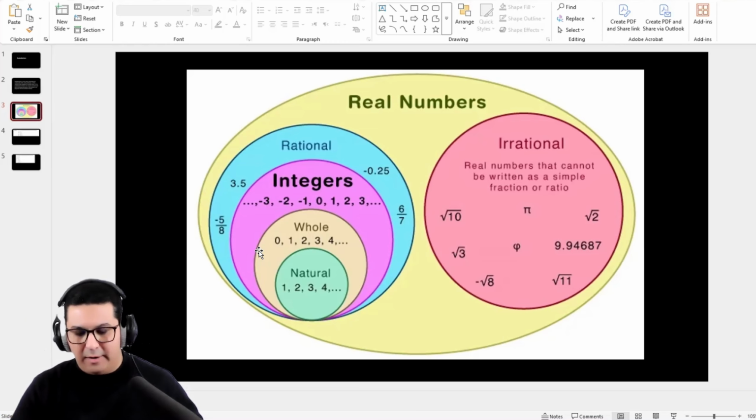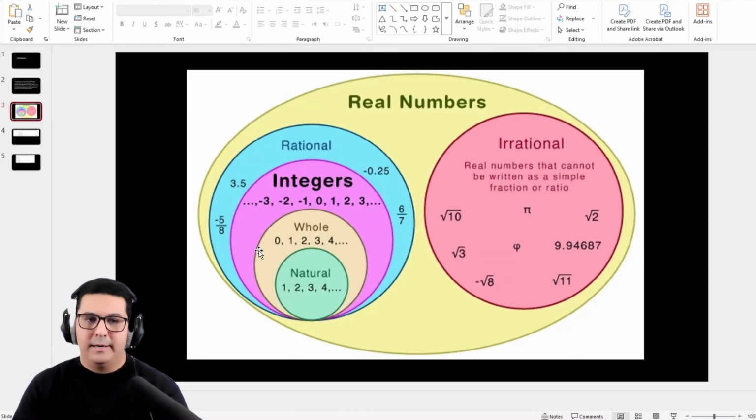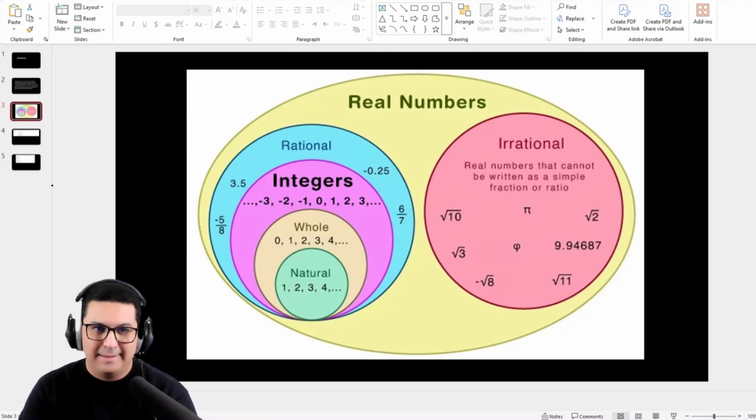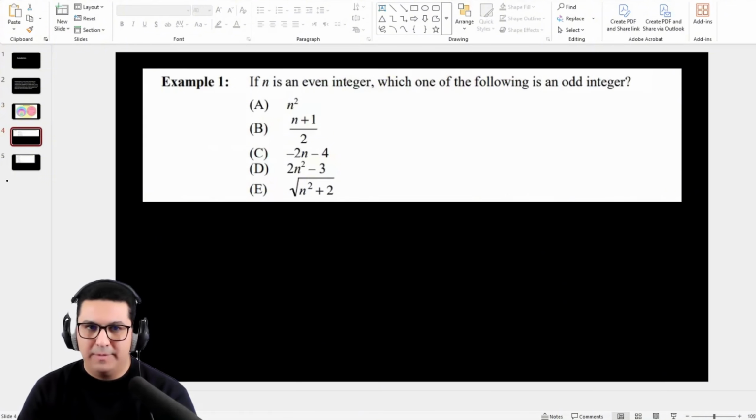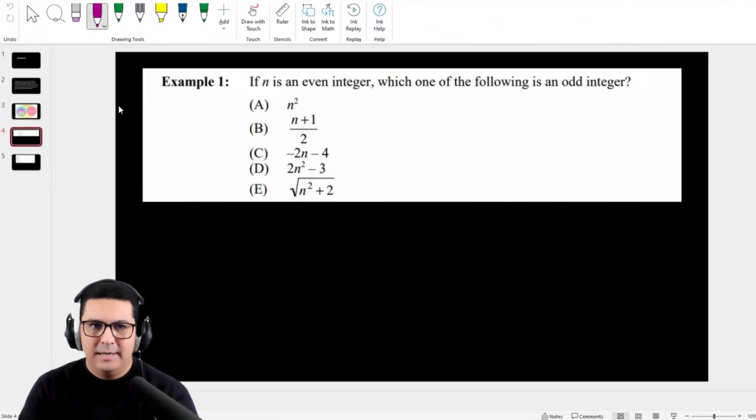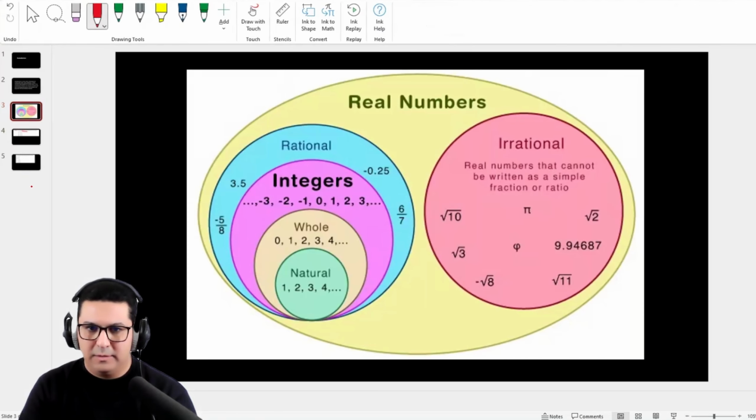And here we have two different problems, and we are going to solve them. The first one is this. If n is an even integer, it means maybe 2, 4, 6, and the others, based on these integers that we talked about.